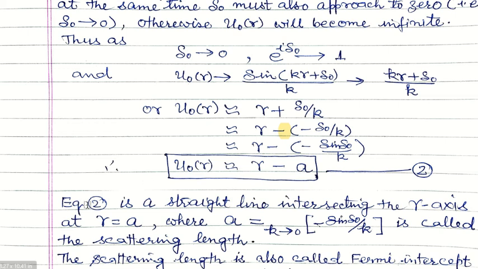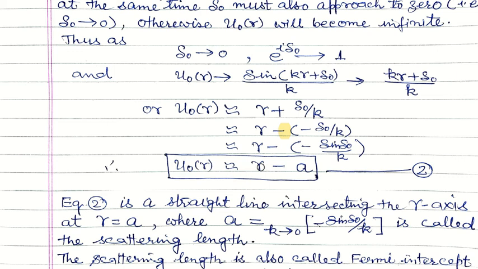So equation 2 is a straight line, and it intersects the r axis at r is equal to a, because where the straight line intersects the r axis, the wave function will become 0.